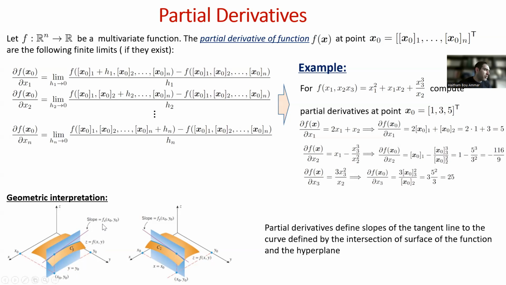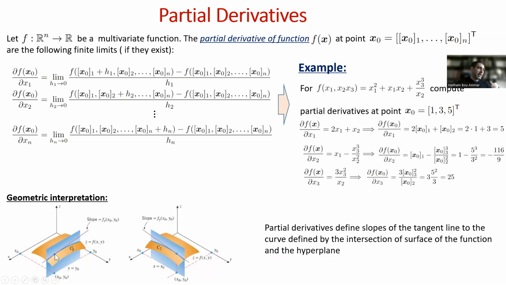So for example, if you want to compute the partial derivative with respect to the first component, which is x, at the point x0, y0, you construct the function which depends only on the first component x by freezing the second component to be equal to y0. So you consider a function f of x, y0, and that function will be a univariate function.